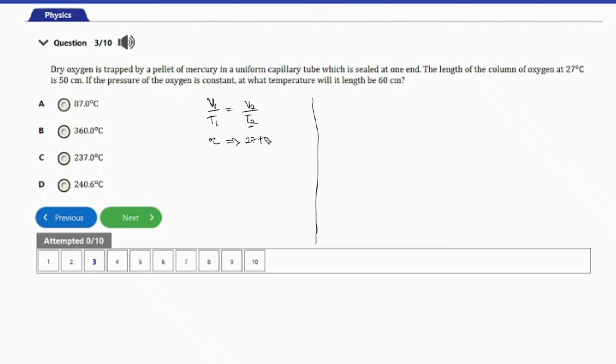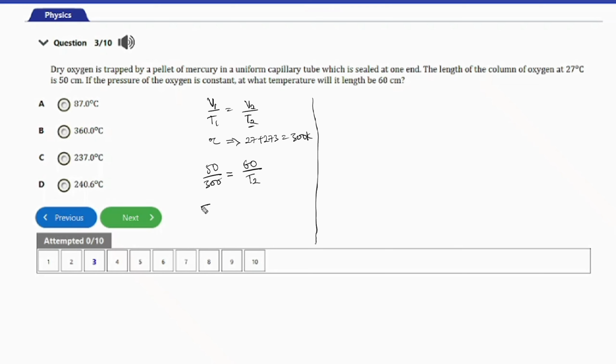And this 27 degrees Celsius is actually 300 Kelvin. So in that case, let's substitute all for this. We have V1 is 50 cm over T1, which is 300 Kelvin, that will be V2, 60 cm, over T2, which is not given.